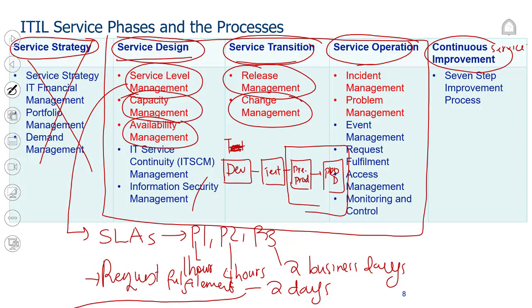Everybody should have got these slides. If you don't have the slides, I'll share it again. Yes, Omar, I said just focus on those phases and those services. Correct.